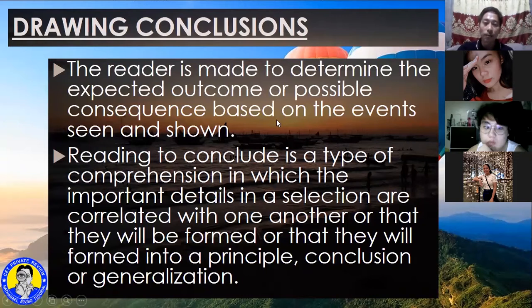So it's like predicting the outcome or the consequence, and also we make a comprehensive summary and conclusion of all the things that we have read so far. So that's basically the concept behind forming a conclusion. Okay, you form it into a principle, conclusion, or generalization.